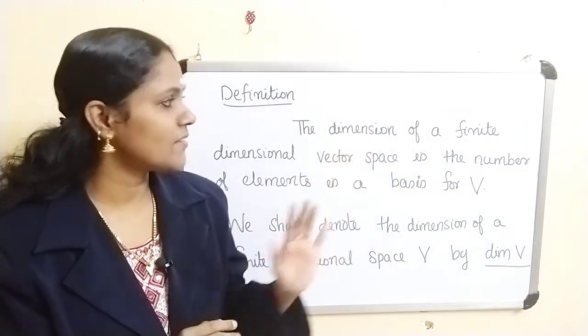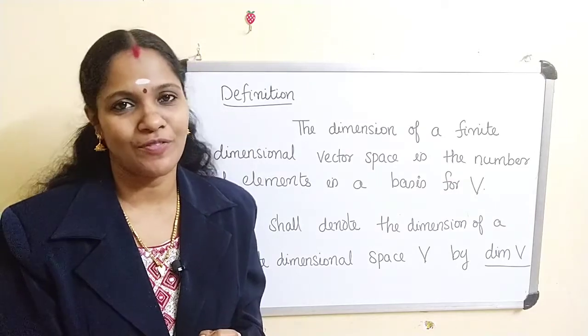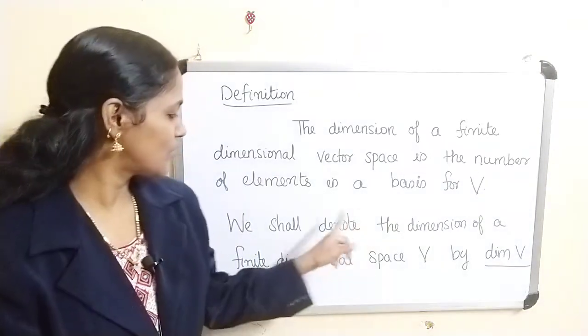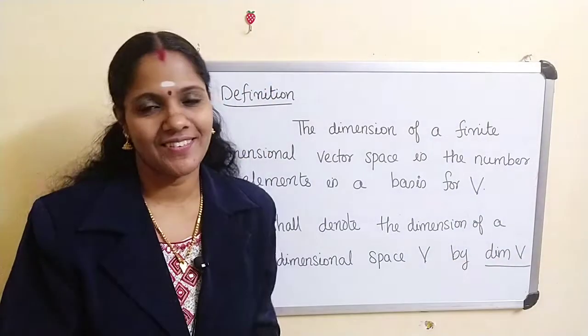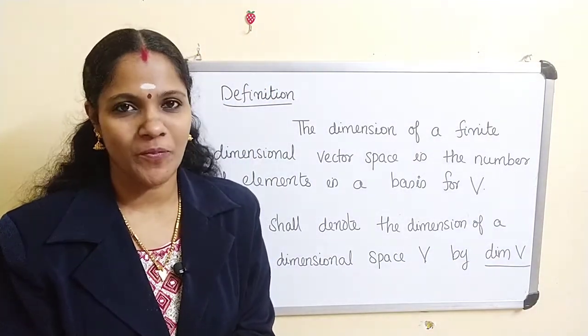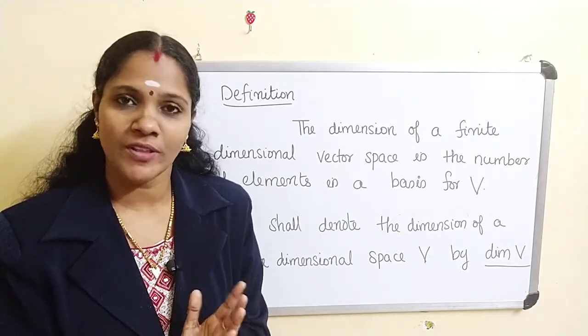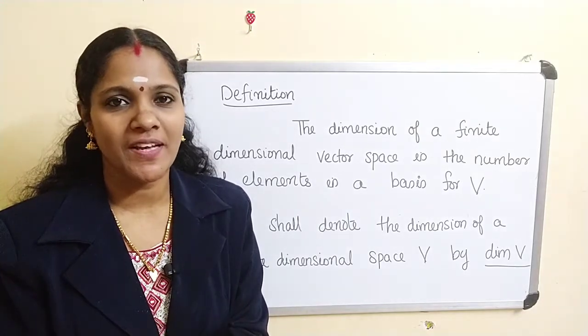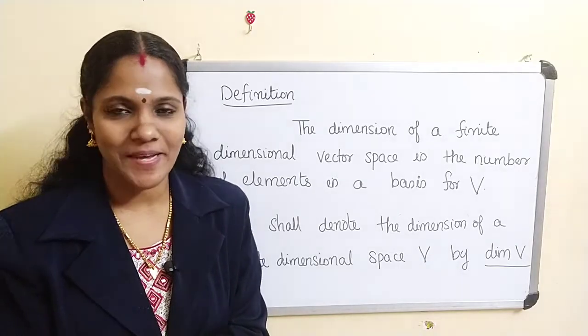So the number of elements in a basis is called the dimension of the vector space. Dimension is denoted as dim V. This is the notation for dimension. A vector space may have more than one basis, but the number of elements in the basis must be the same.